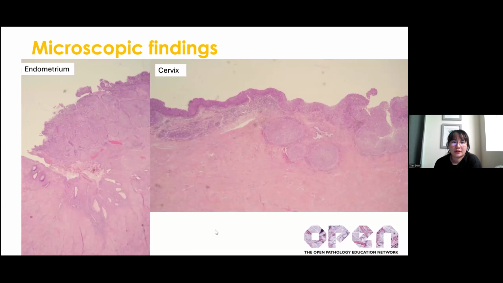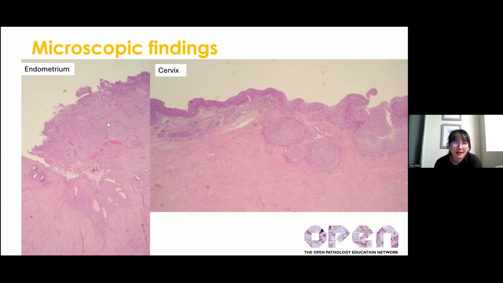After the hysterectomy, we have the surgical specimen. On your left is the endometrium section, and on the right is the cervix. On the endometrial sections, we can see the endometrial glands, which are dilated and cystic, so we can call it atrophic endometrium.